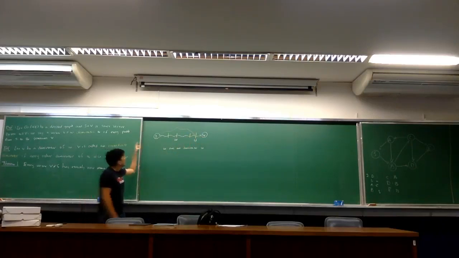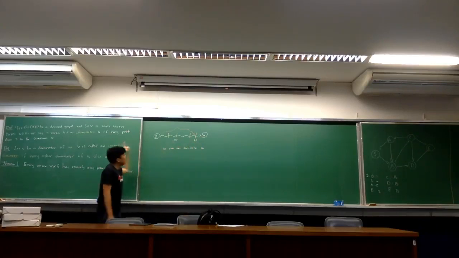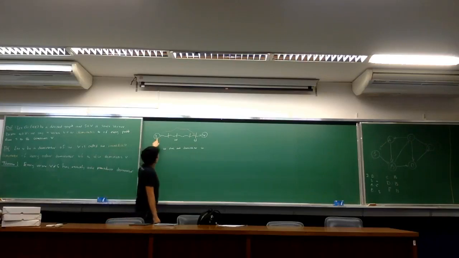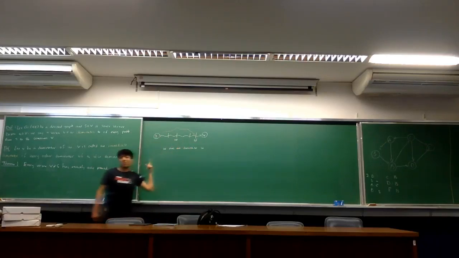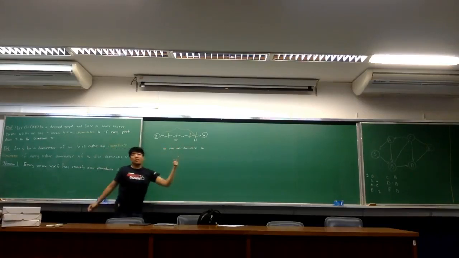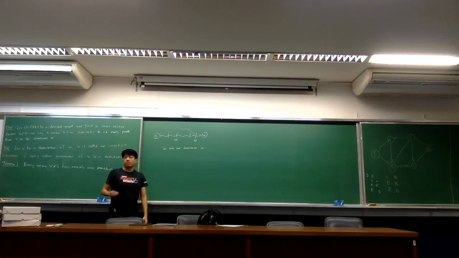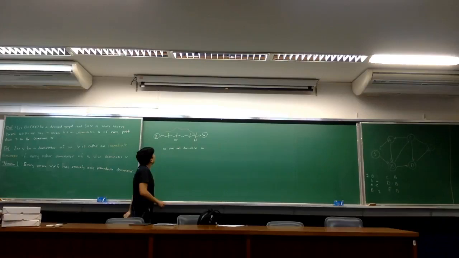We know that there are no other dominators after U because U is the last dominator. So this means that this path that I just built does not contain W. This is a contradiction because W is a dominator of V. Every path from S to V has to contain W. Right? Cool. So we reached a contradiction.